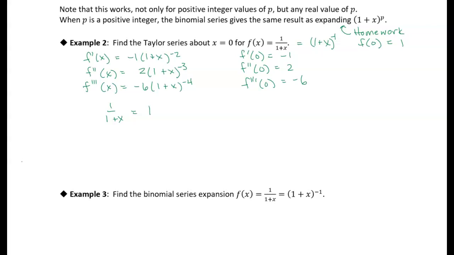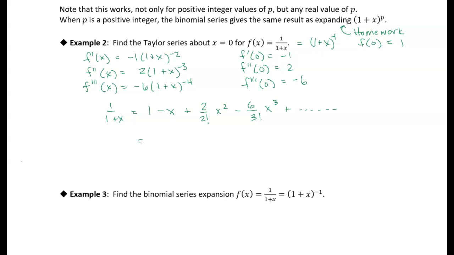And then we have minus 1 times x, so it's going to be minus x. And then plus the second derivative at 0, which is 2 over 2 factorial x squared. And then minus, the third derivative is minus 6, so that's where I get the minus. So I'll have 6 over 3 factorial x cubed, and that's enough. We got 4 terms, that's plenty.